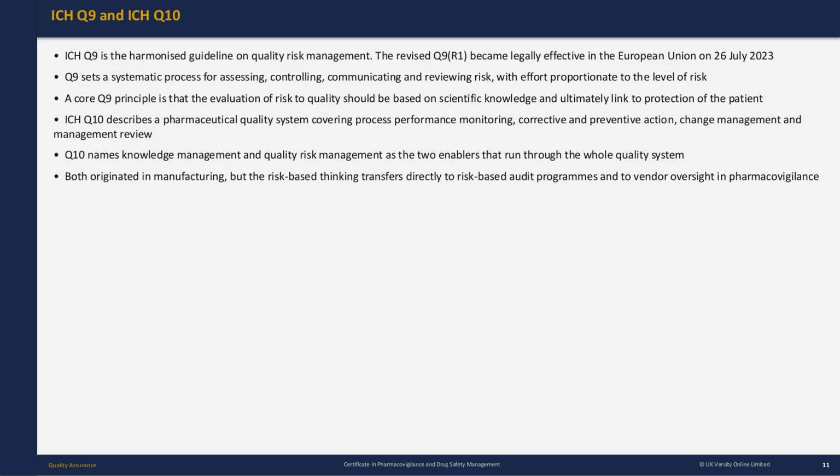A core Q9 principle is that the evaluation of risk to quality should be based on scientific knowledge and ultimately linked to protection of the patient. ICH Q10 describes a pharmaceutical quality system covering process performance monitoring, corrective and preventive action, change management and management review.